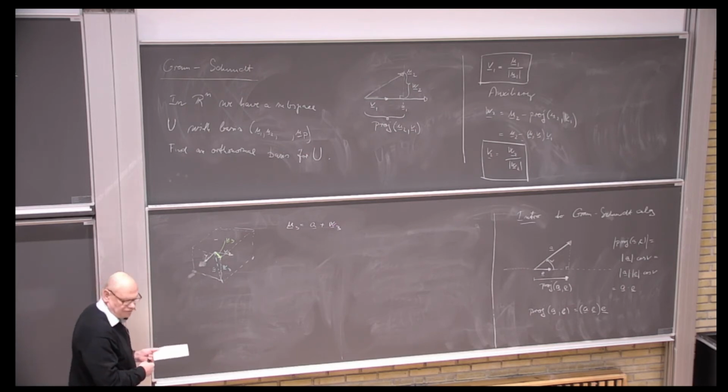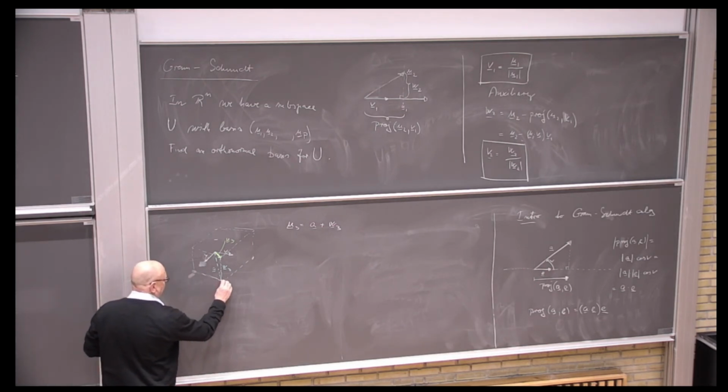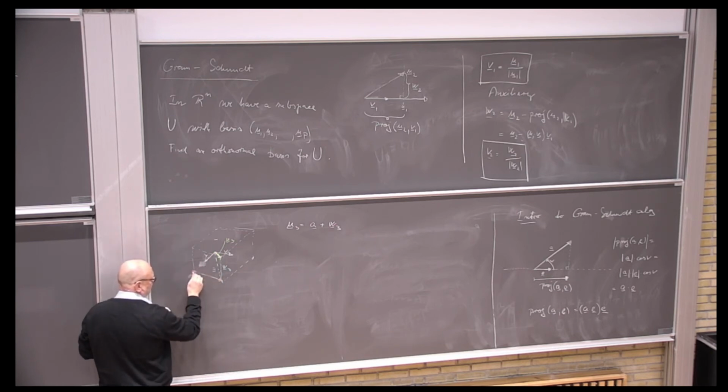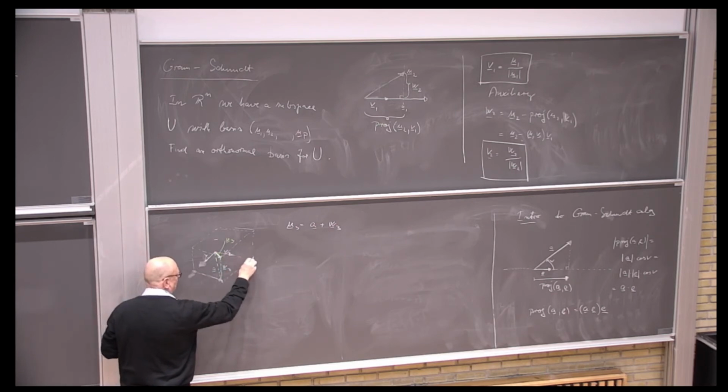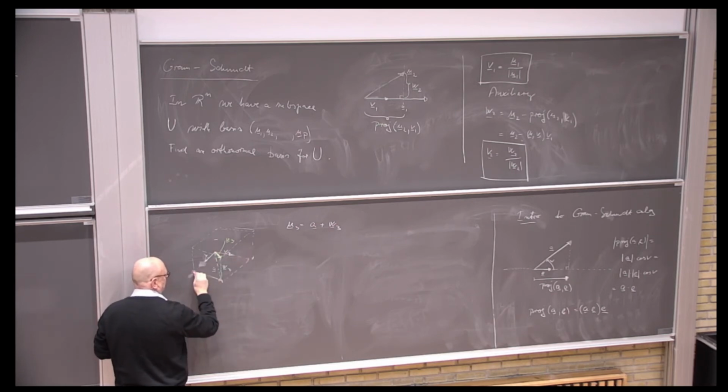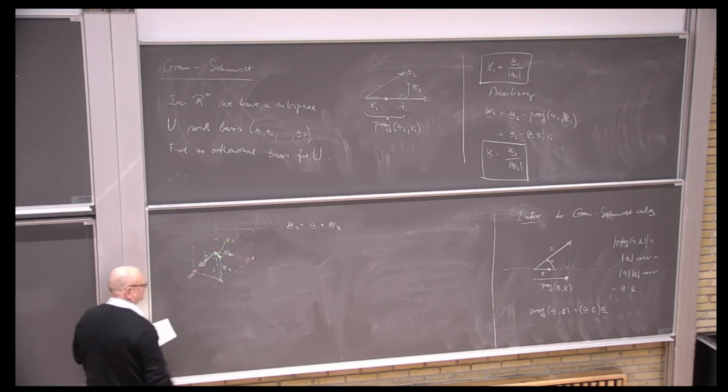Now I do something further. Maybe I should do that in red. And that is, the A vector here I can compose by these two vectors. That is the sum of this vector here and this vector here.